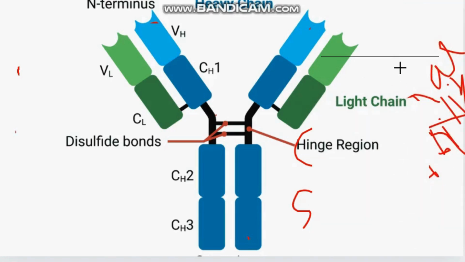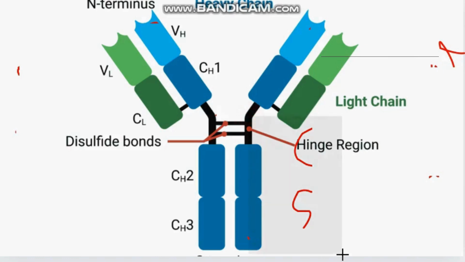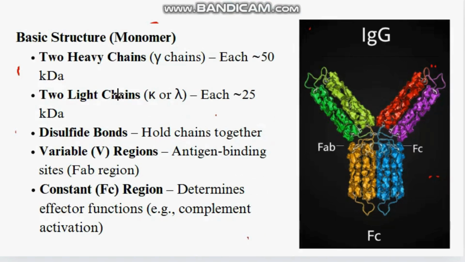So this hinge region is mainly responsible for the flexibility of the antibody.